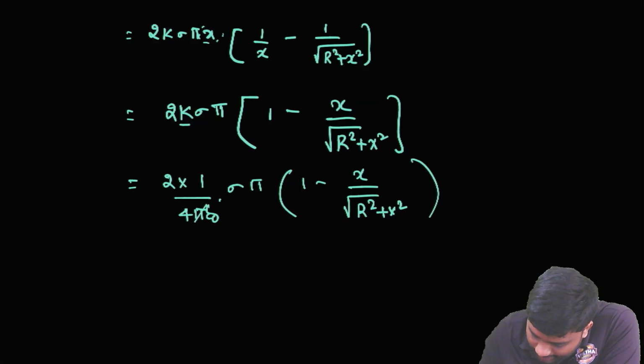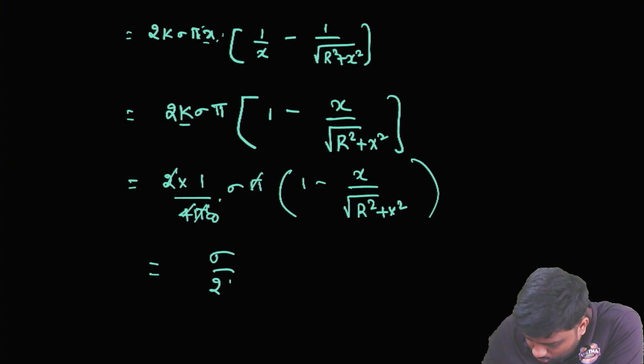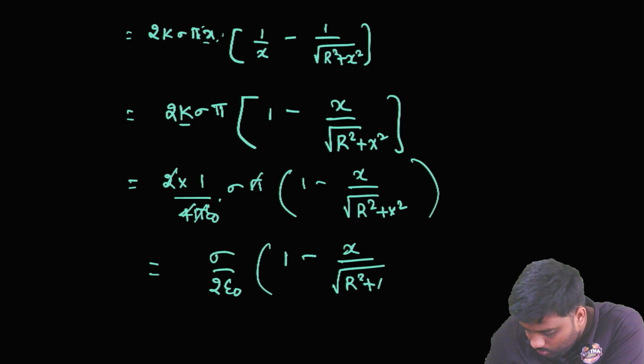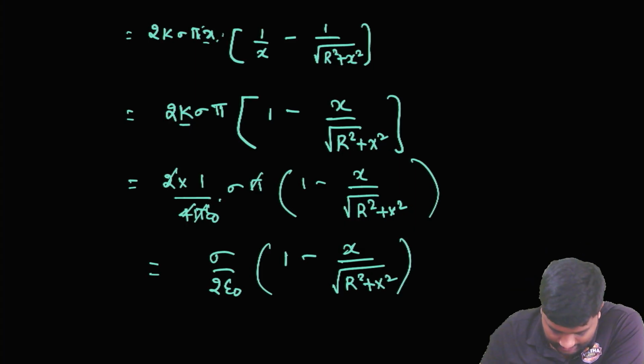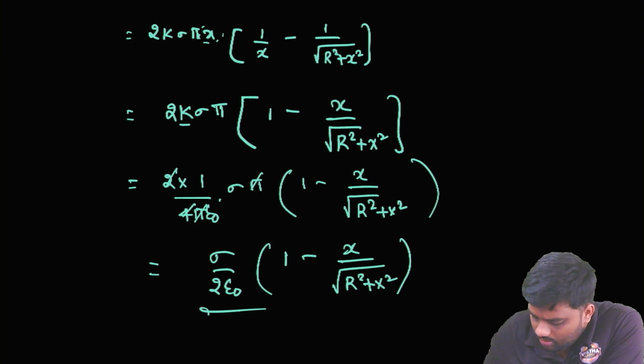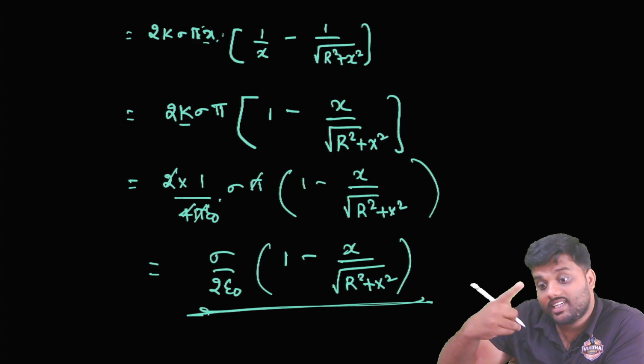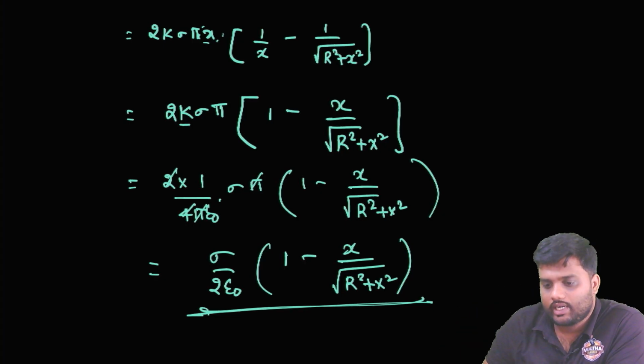So from here pi gets cancelled, 2 1s are 2, 2 2s are. That means sigma upon 2 epsilon naught 1 minus x upon under root r square plus x square. That means this is the total electric field due to that disk you are going to get at the point x from the center.